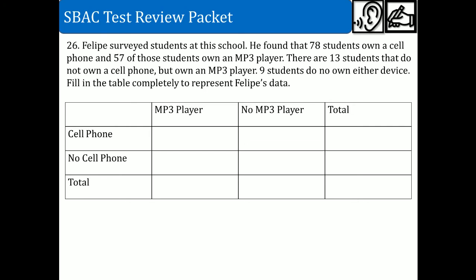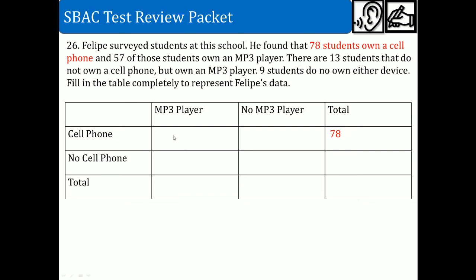Please notice that this is a two-way table because there are two categories, the MP3 category and the cell phone category. Alright, let's grab the first information. It says 78 students own a cell phone. A lot of students will actually put 78 right here in this box.